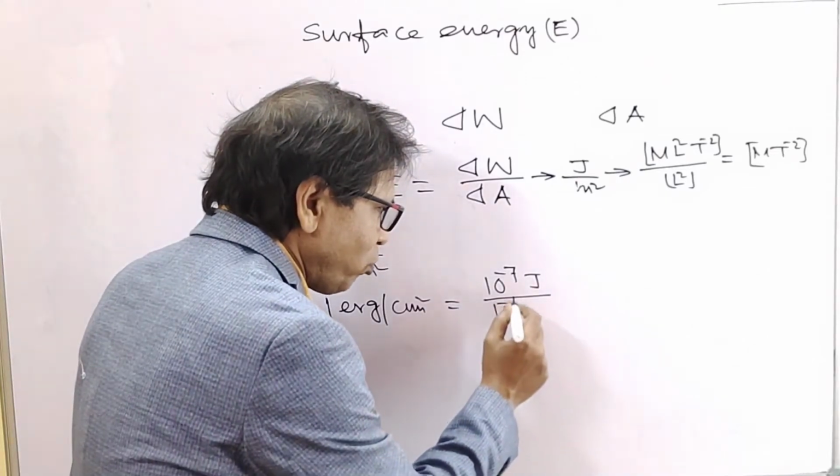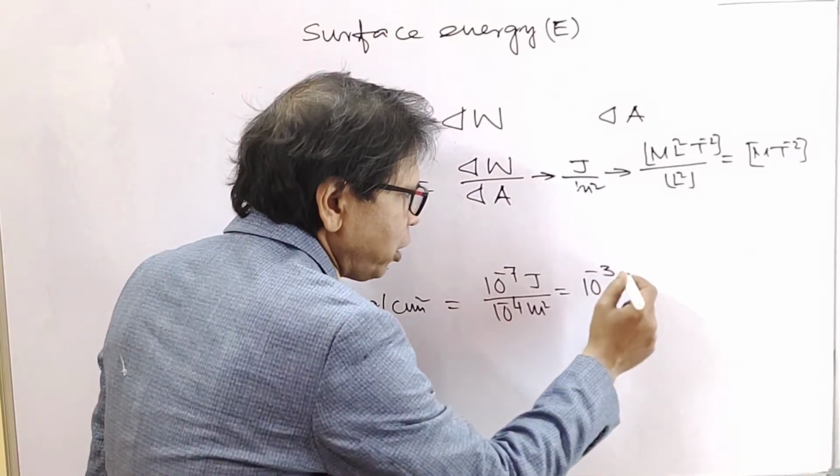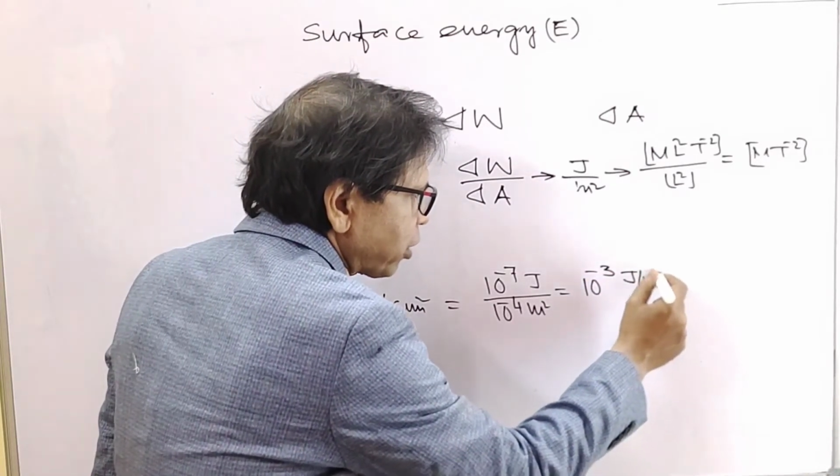So this is 10 to the power minus 3 joule per meter square.